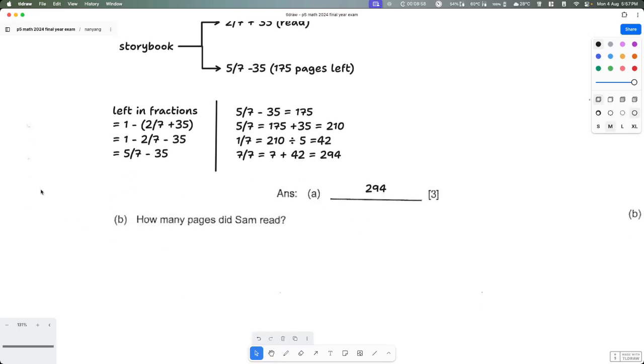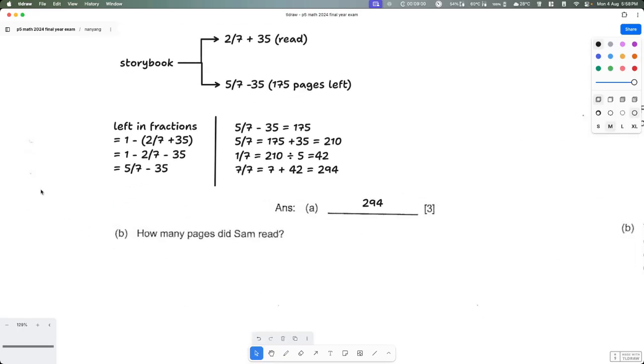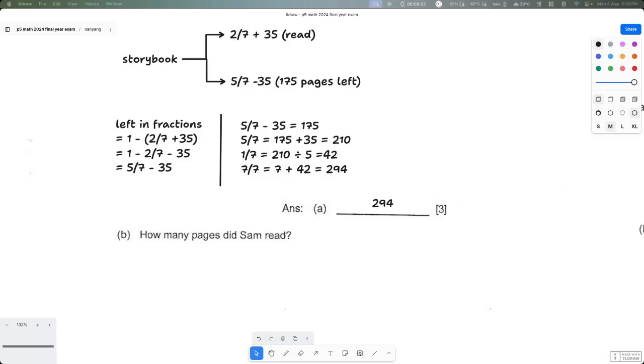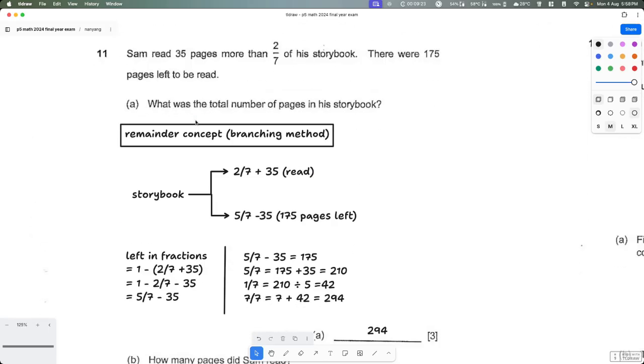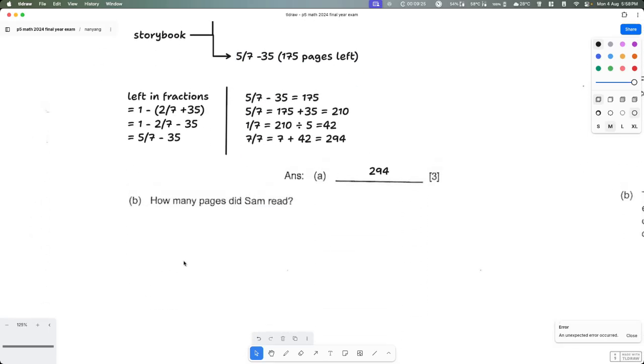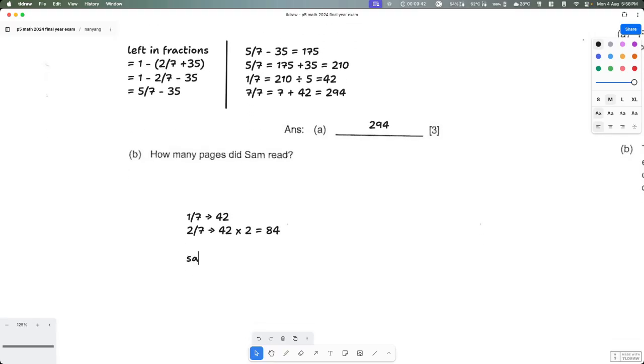Lastly, how many pages did Sam read? Sam read 2 out of 7 plus 35. So we know 1 out of 7 is equal to 42, and 2 out of 7 is equal to 42 times 2, which is 84.